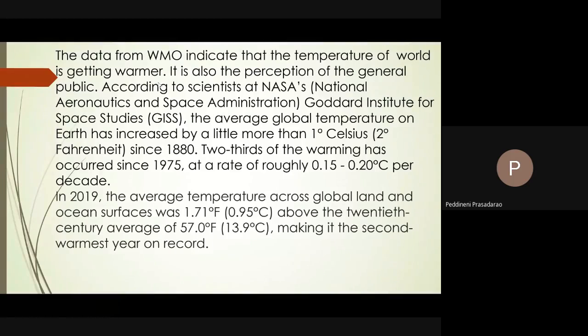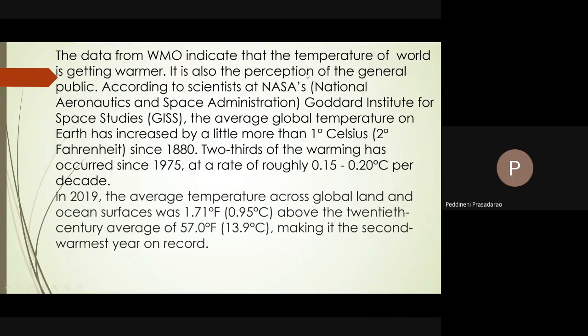This is one thing that is normal, and probably everybody's perception in the group is also the same. If I am correct, you will have the same perception. If you compare today's temperature with that of something like 5 years back, you will definitely find that there is a certain increase, whatever may be the increase, as far as the temperature is concerned.